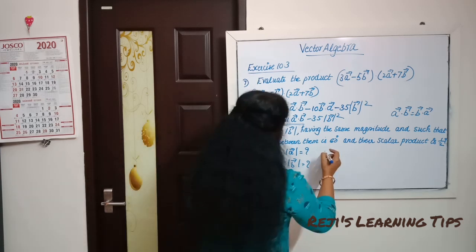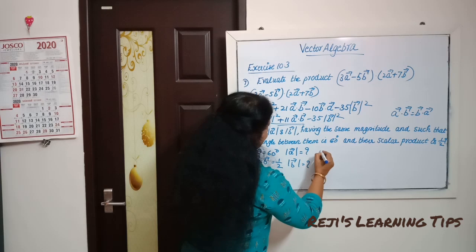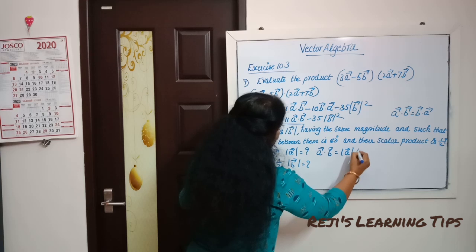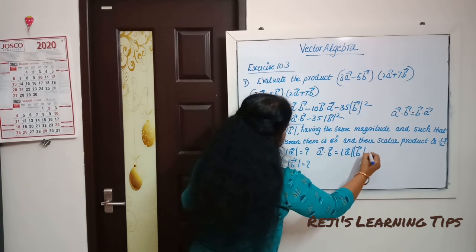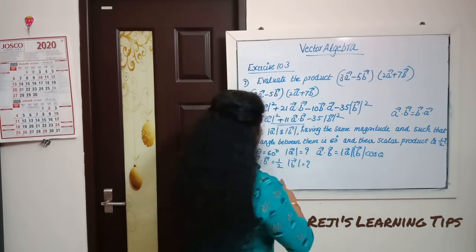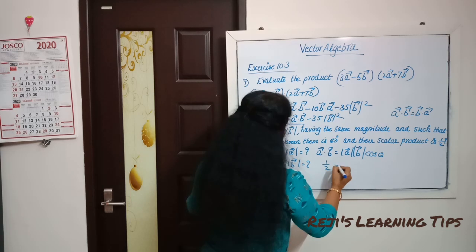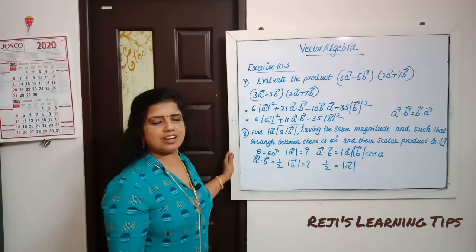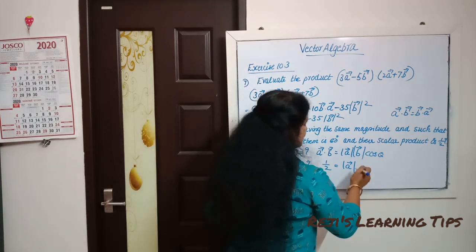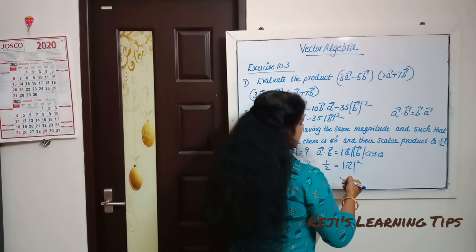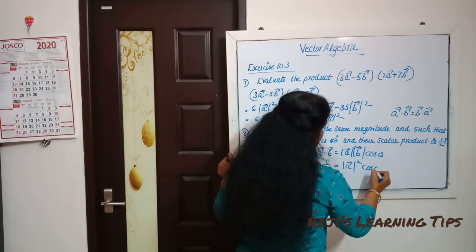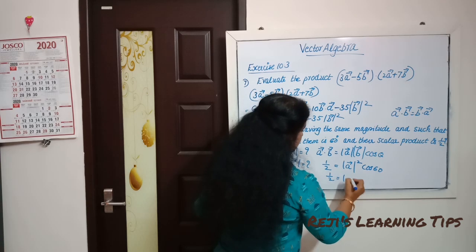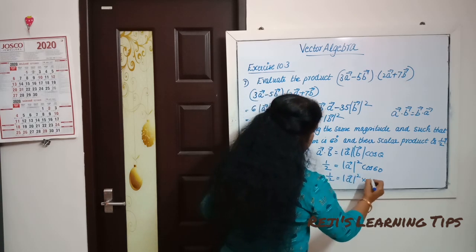Then we can write A dot B is equal to modulus of A into modulus of B into cos theta. A dot B is 1 by 2, which equals modulus of A into modulus of B, and since they are the same we write modulus of A. So modulus of A square into cos 60, and cos 60 is 1 by 2. So 1 by 2 is equal to modulus of A square into 1 by 2.